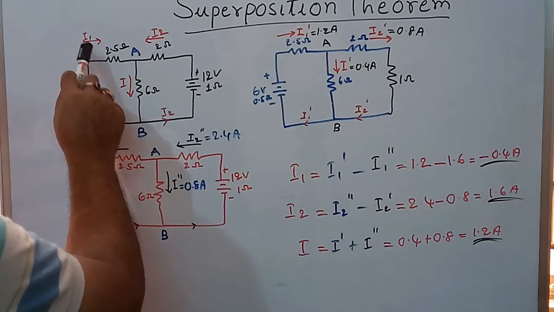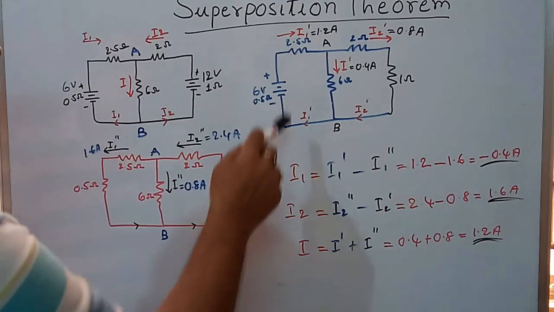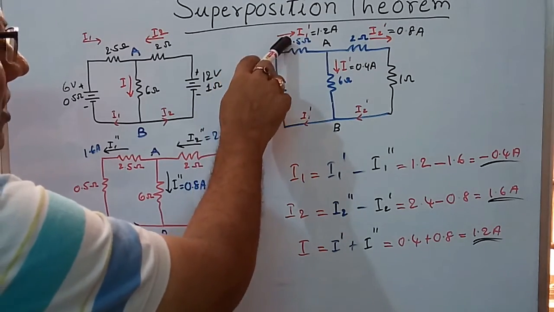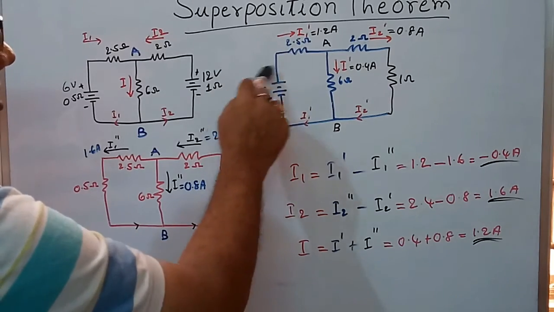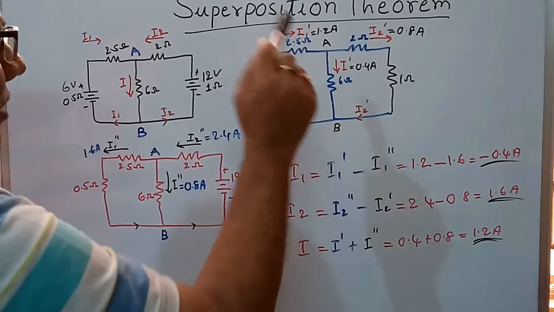Now, I1 current is shown as per this arrow when the 6 volt source is acting on this network.